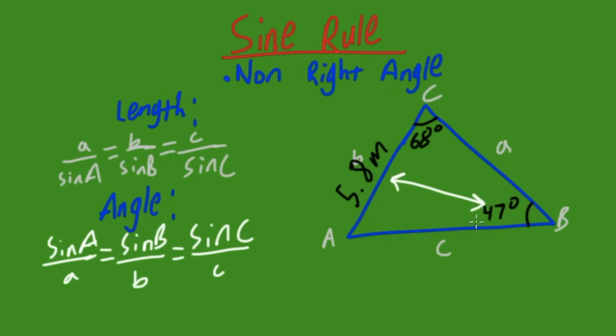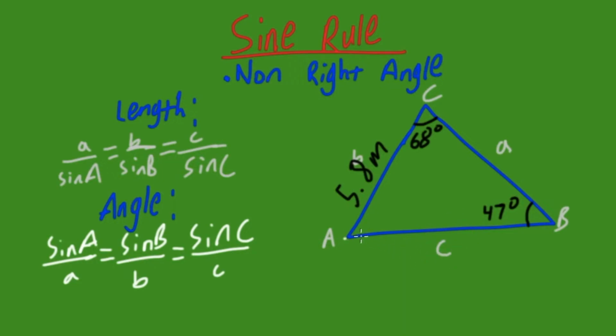So here we have this value, which is opposite of this angle, or in other words, we have both the uppercase and lowercase of a letter, as well as one other value. In this case, it's this angle here, which then allows us to find the final side or angle that we need to find. And in this case, that is c.